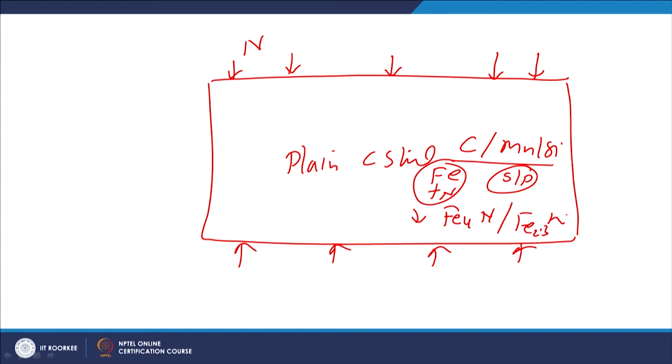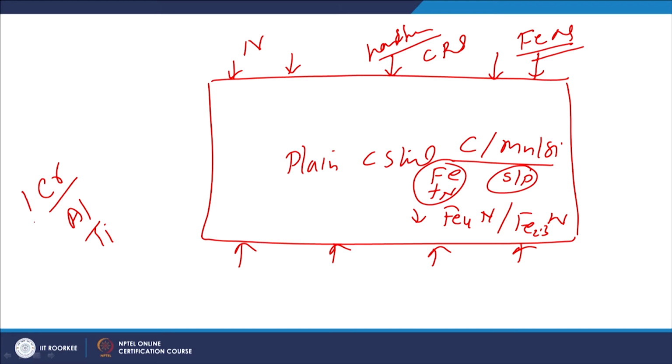Fe2-3N for property enhancement, but these steels are not that effective for improvement in the hardness and the compressive residual stresses, because iron nitride is not that effective with regard to property improvement, and there are other nitrides like chromium nitride, aluminum nitride, titanium nitride.